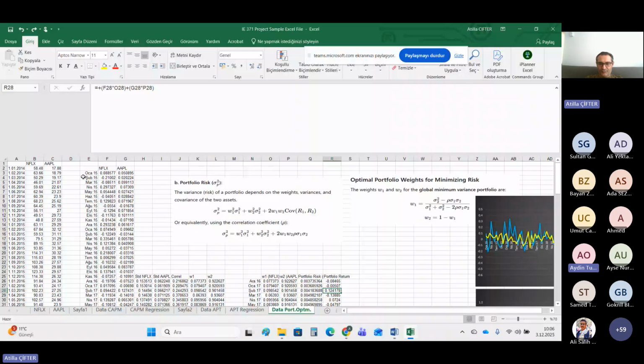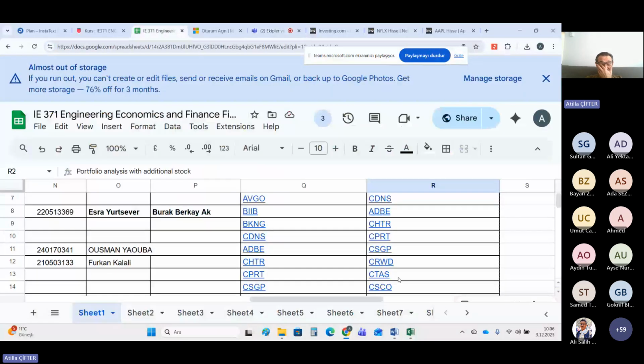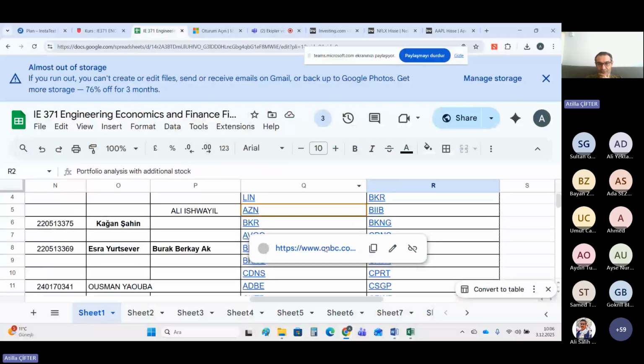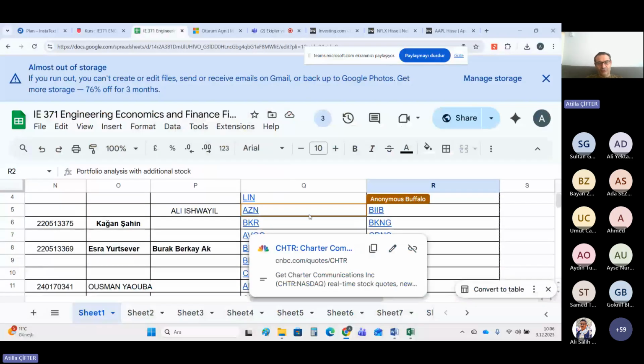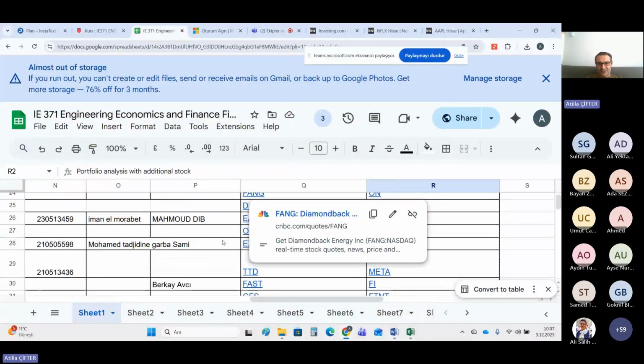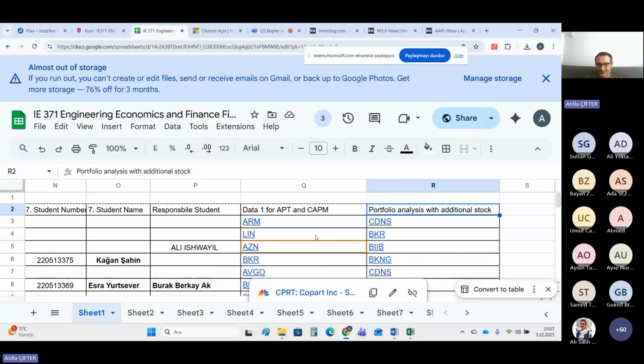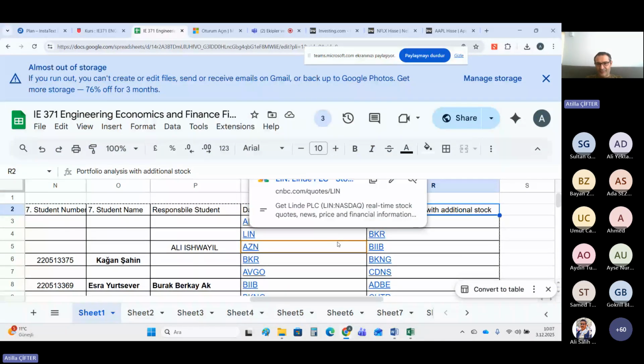You can do this differently, but for the project, you need to use stocks from the United States. For Borsa Istanbul, you can select two stocks and practice. But for our term project, you need to take these Nasdaq stock returns. So all of them are from Nasdaq, as you can see.